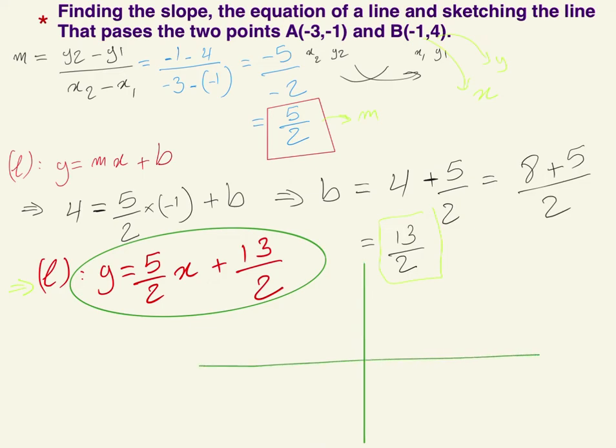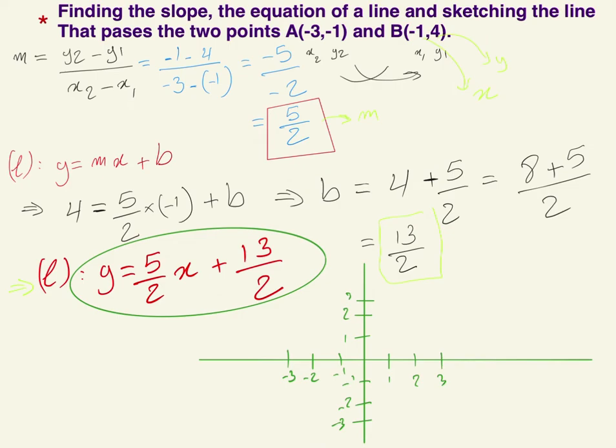We have this one here. You can say 1, 2, 3, 1, 2, 3. So we have here 1, 2, 3, negative 1, negative 2, negative 3, 1, 2, 3, negative 1, negative 2, negative 3.